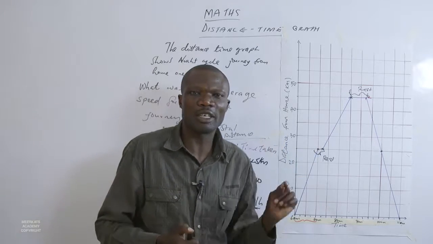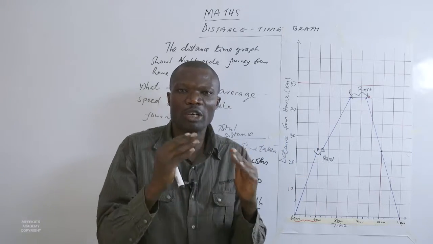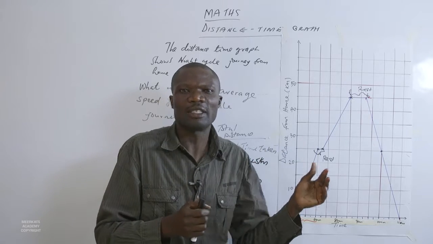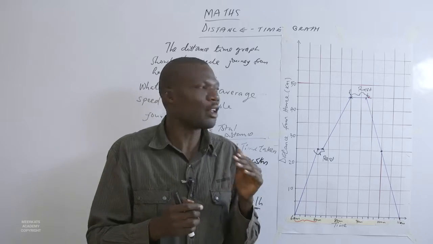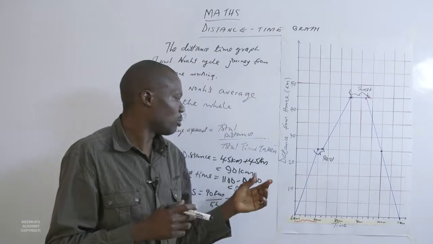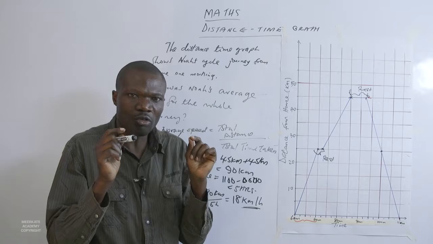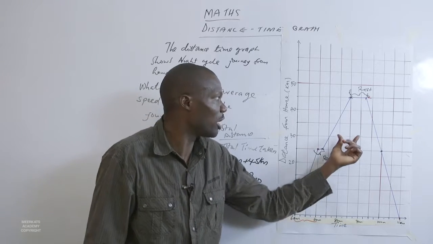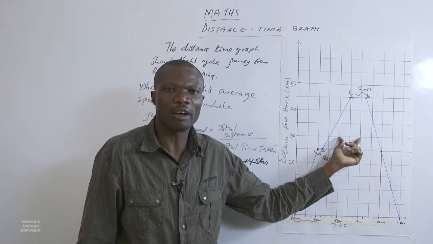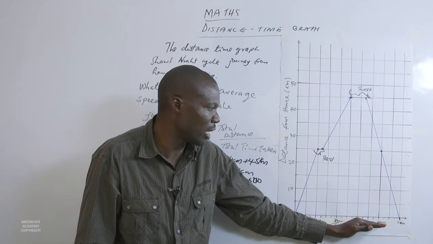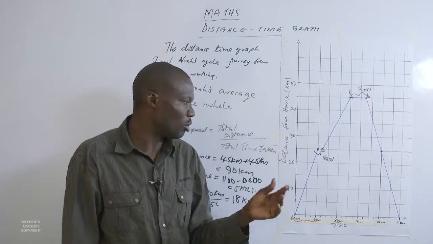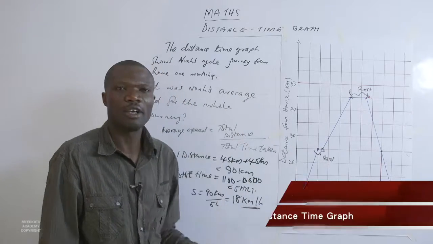As we end this lesson, I want to believe you will not have any problem interpreting a distance time graph. Be careful, as I told you, study the key of the graph very well, both the x-axis and the y-axis, and use the key to know how to answer your question.